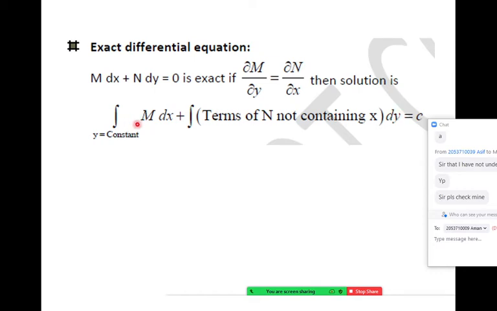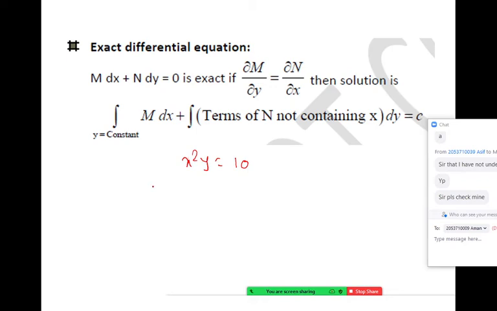Now, how is this exact differential equation created? These are obtained by differentiating some primitive equation. If we take the total derivative of that, we get an exact differential equation. I will write one very simple equation here, say x square y is equal to c1.